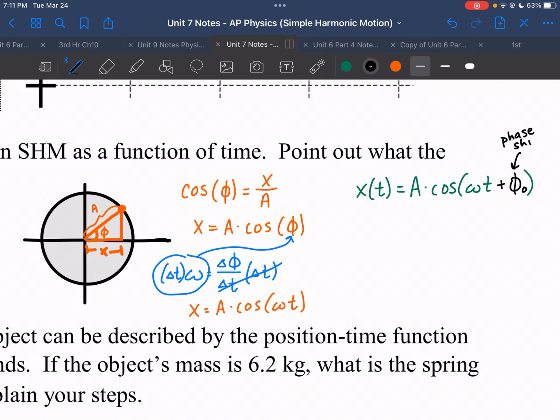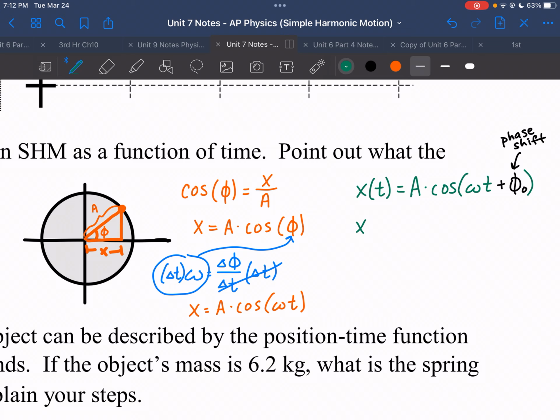And it just kind of makes your numbers work. It doesn't really affect it too much, but that lets you start at either the equilibrium position or anywhere along that amplitude. Another way to write this is using the sine function. They are really the same, it just means it's starting in a different place.